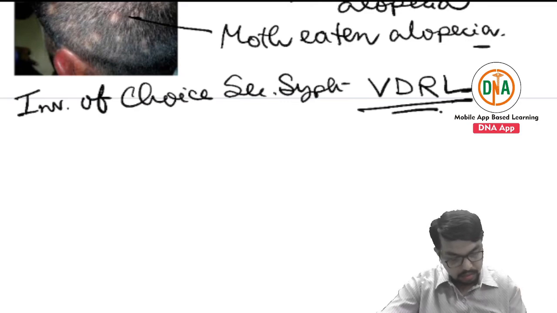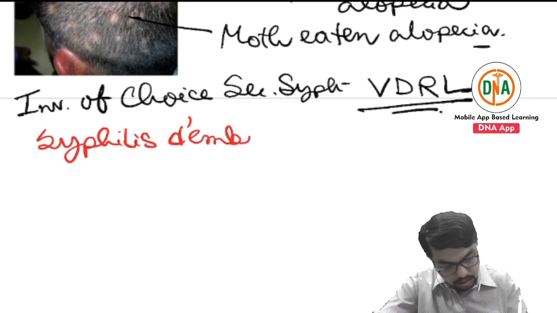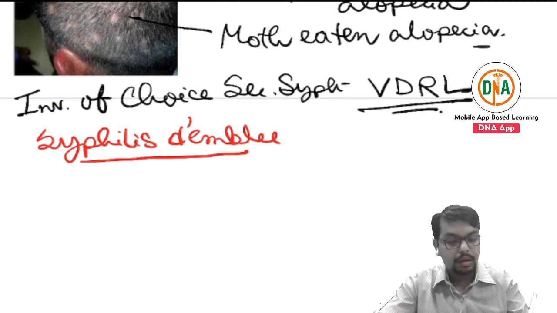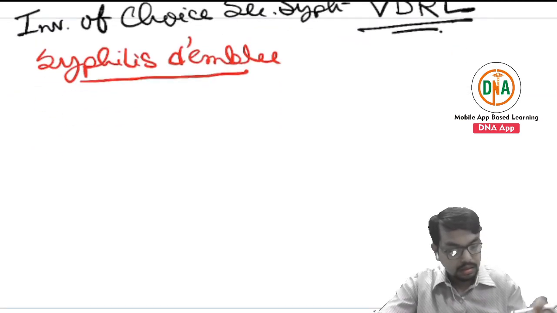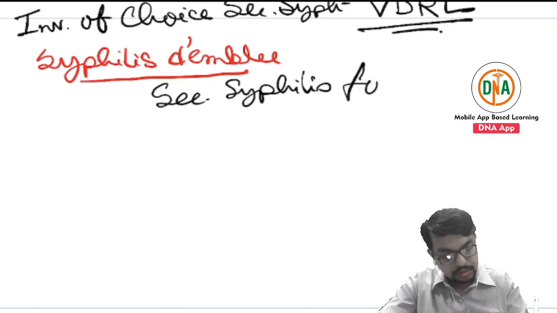Now, there is an entity known as syphilis d'emblée. What is this? This is secondary syphilis following blood transfusion.